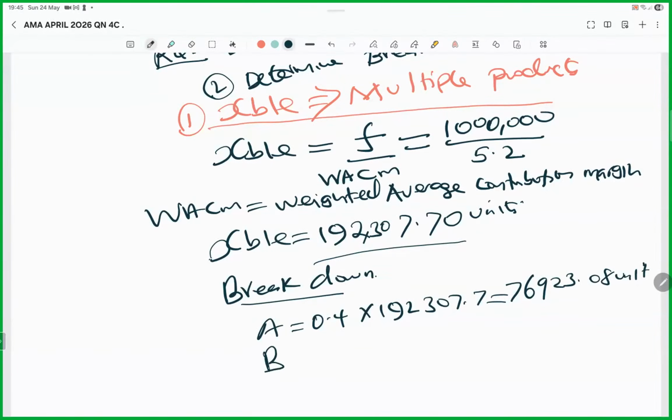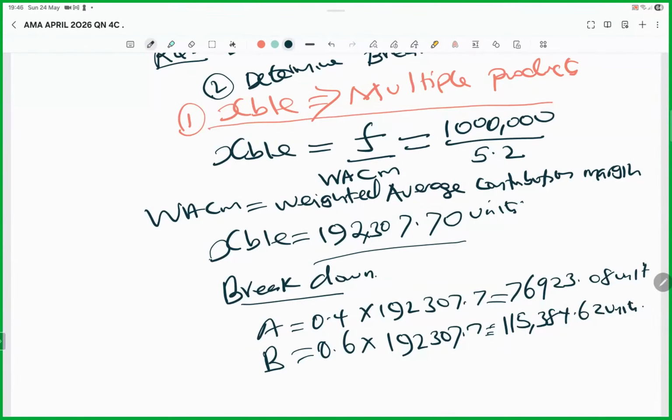How about B? I know B is 0.6 or 60% of 192,307.7. So B, I'm being given by Carol 115,384.62 units.